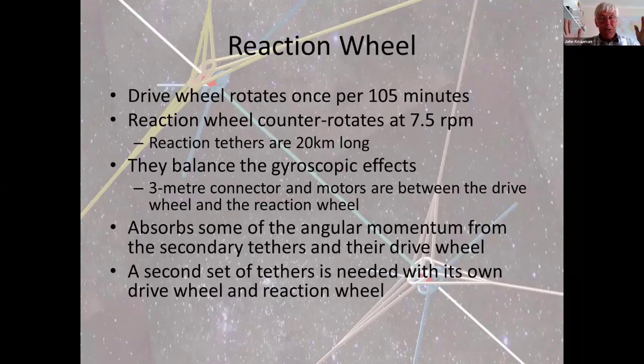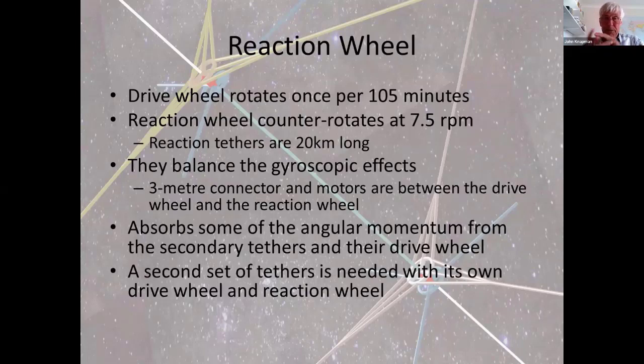And so the reaction wheel with its reaction tethers is a solution to that, whereas the drive wheel and the secondary tethers rotate once every 105 minutes, 13.5 times a day. The reaction wheel counter-rotates at 7.5 revolutions per minute. Those tethers are 20 kilometers long, and that's sufficient to balance the gyroscopic effects.